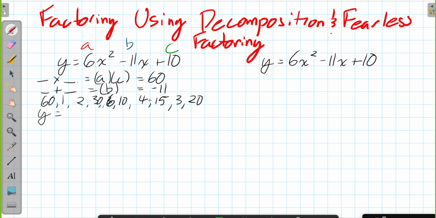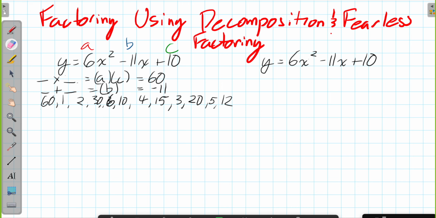4 and 15 give us the 11 when it's a difference, but because it's positive 60, I can't have a negative value. So that one's a bit misleading. I'm going to erase what we have below to give us some room. 5 and 12.